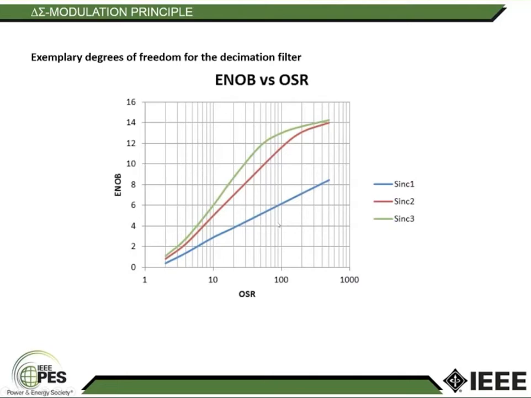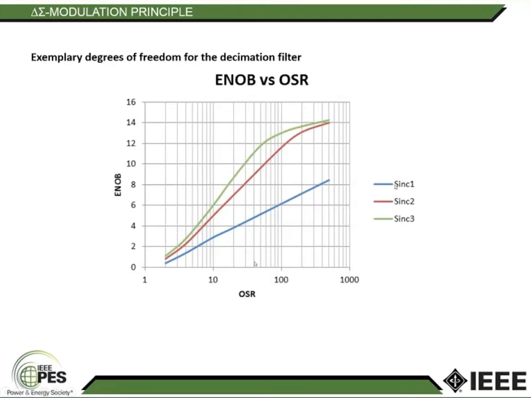Now, I mentioned before with those sinc filters, we actually have different degrees of freedom that we can change according to what our needs are. In this graph here, you can see we have depicted the sinc filter behavior independent of the oversampling rate on the x-axis and the ENOB, the effective number of bits, on the y-axis.